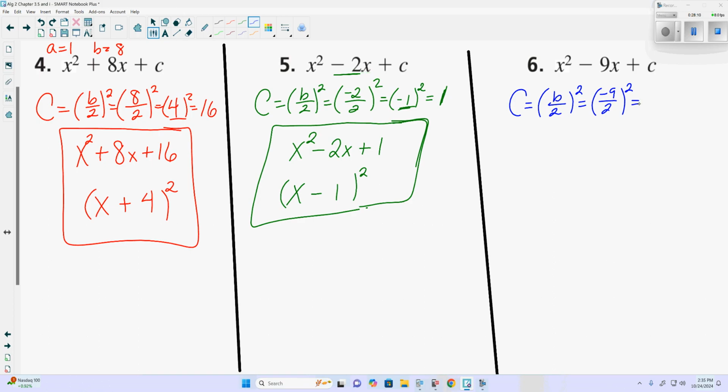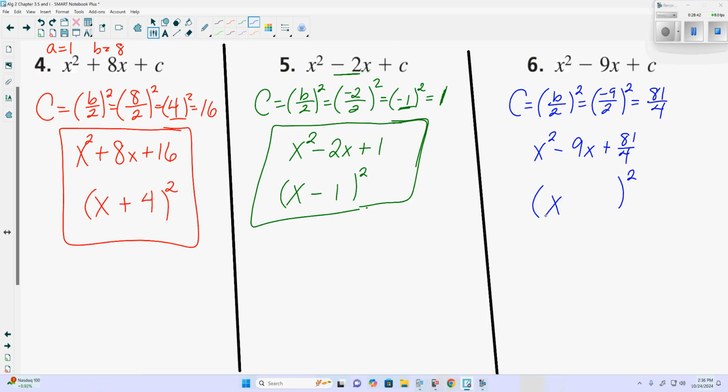Now, since this doesn't simplify, it's just negative 9/2, we're just going to go on and square it. And if we square negative 9/2, we get 81/4, telling us that we have x squared minus 9x plus 81/4. So x squared minus 9x plus 81/4 is our perfect square trinomial.